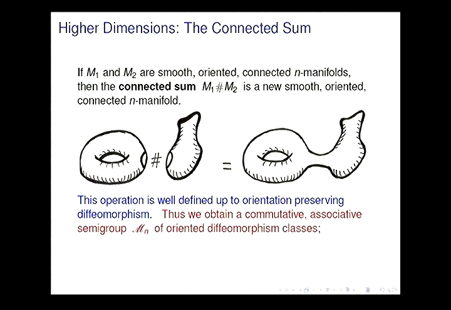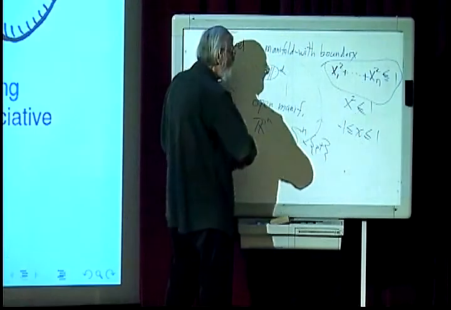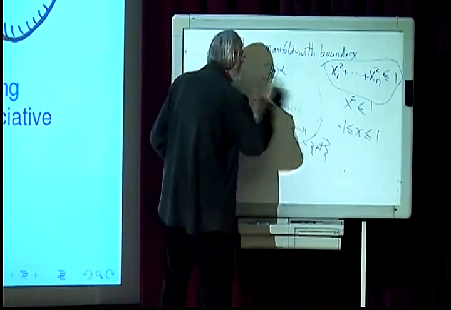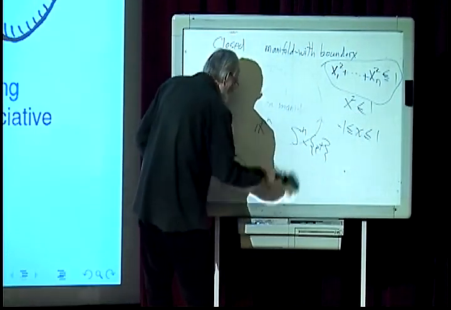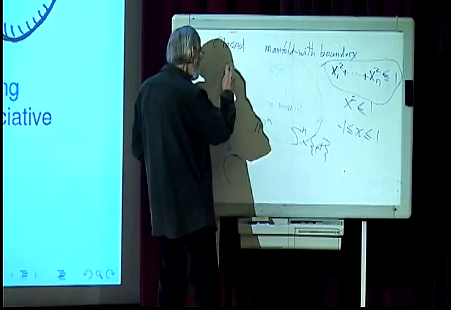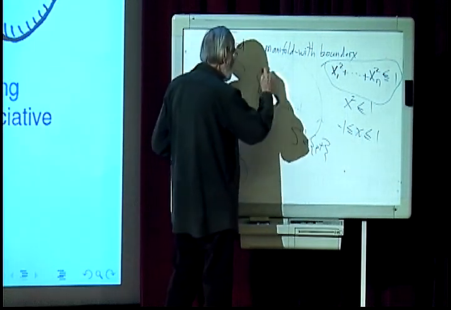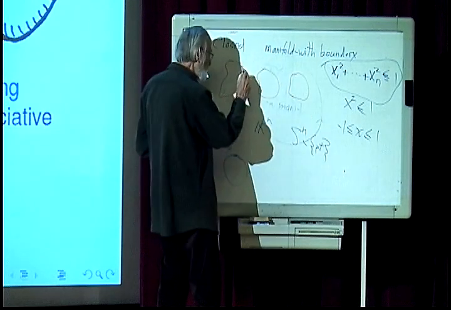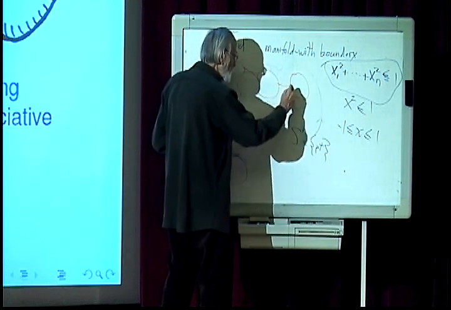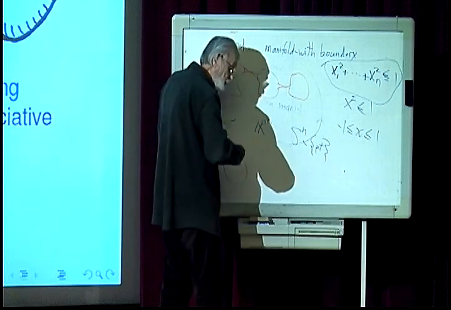Well, this operation is commutative because it doesn't matter the order of the two manifolds. It's associative. That means if you have a row of three different manifolds, it doesn't matter whether you first paste these two together and then paste these two together, or whether you do it in the other order.